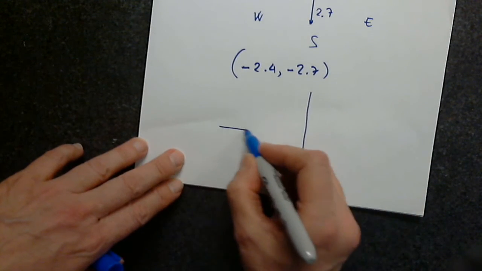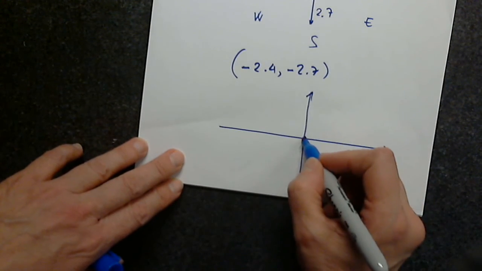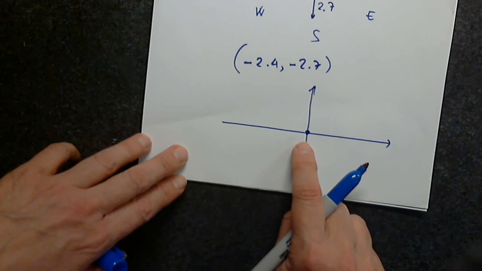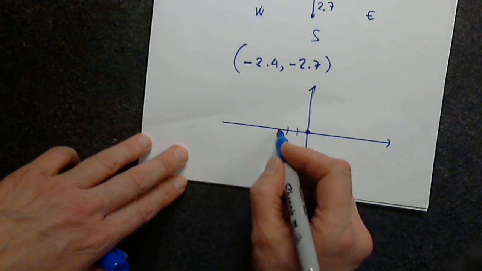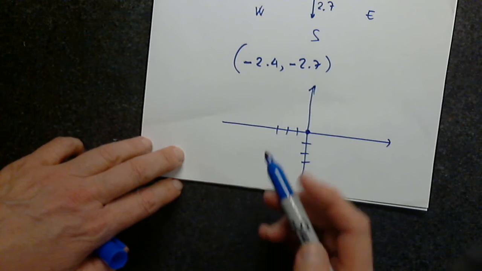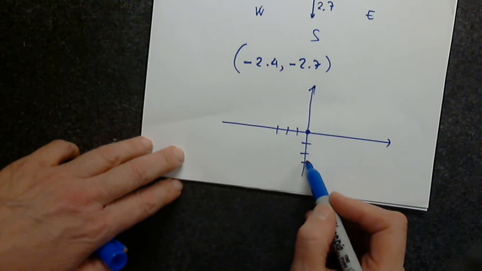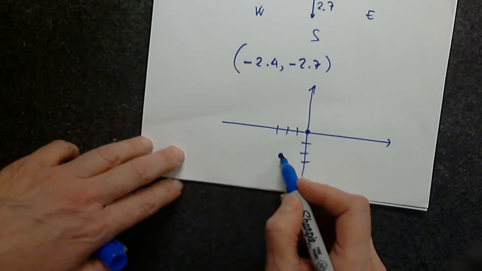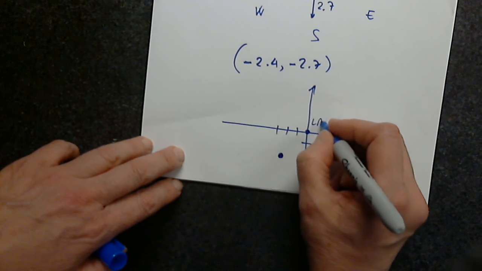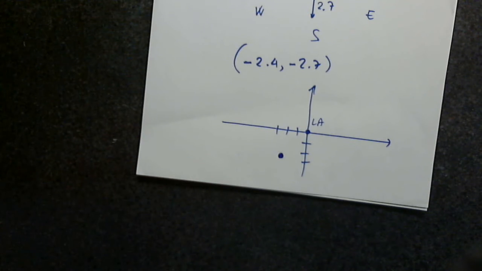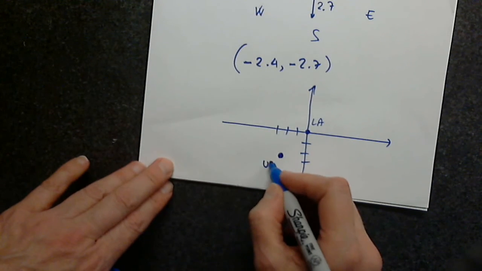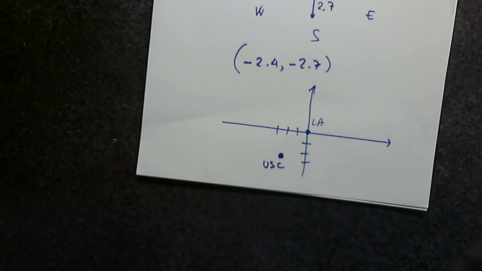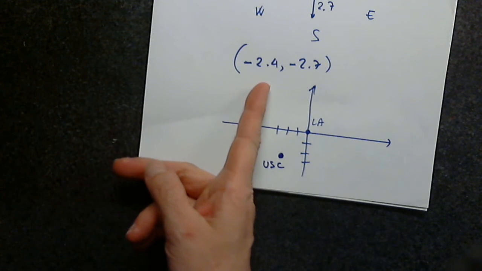So here is the center of Los Angeles. 1, 2, 3, 1, 2, 3. Negative 2.4 roughly, and negative 2.7 again roughly will be here. So if this is the center of LA, this is the University of Southern California, USC. Perfect. And we know the coordinates of USC.